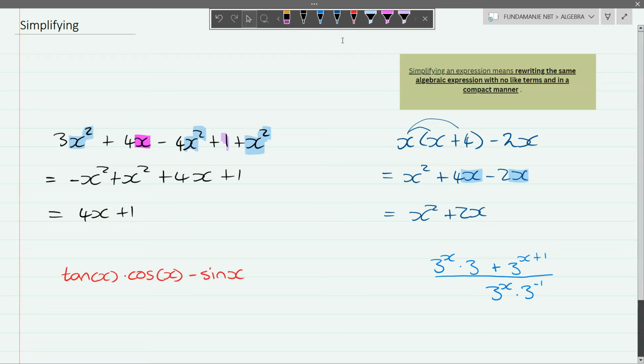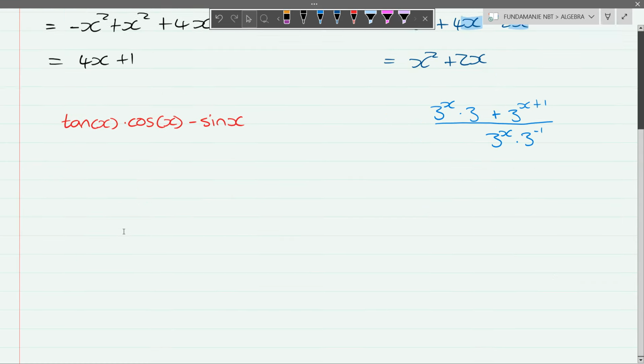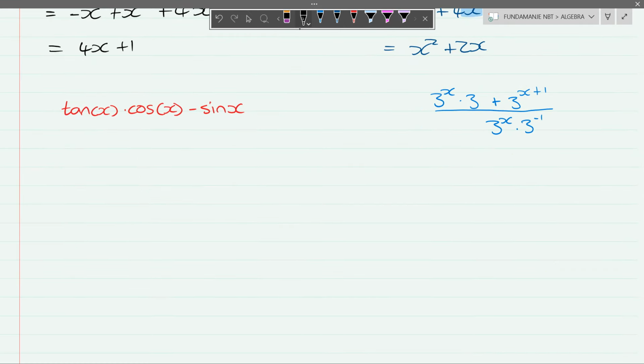Then moving on, we have this trigonometric expression that is given. We want to simplify this, and another method of simplifying is by substituting with our identities. Now, you may know from your lessons that the identity for tan x is sine x over cos x.